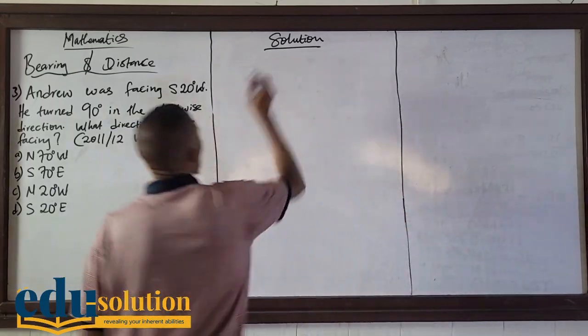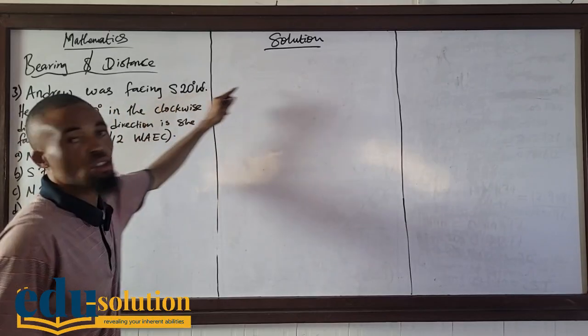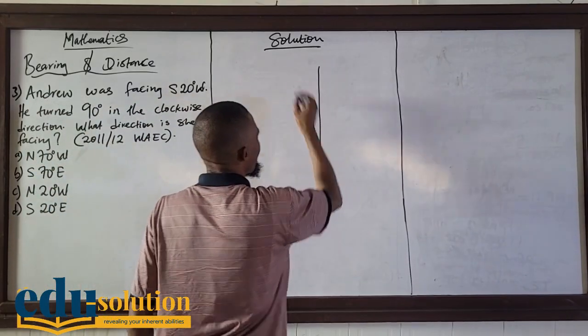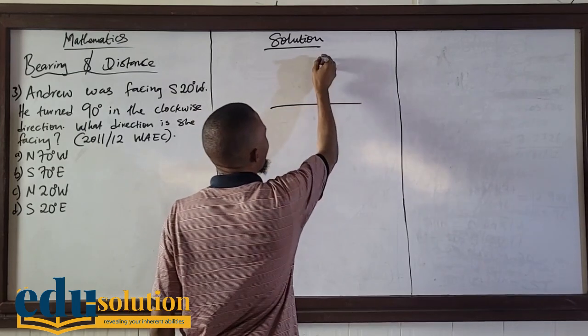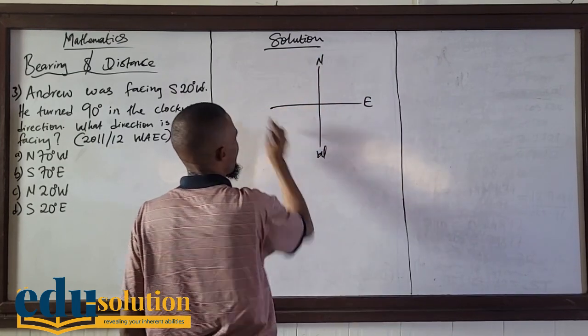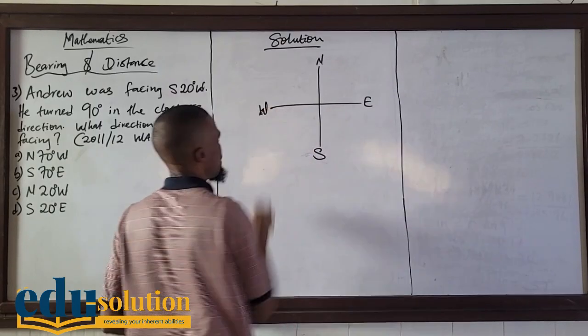Solution. Now they said Andrew was facing south 20 degrees west. The first thing is we draw the four cardinal points. This is our north, this is our east, this is our south, and then this is our west.